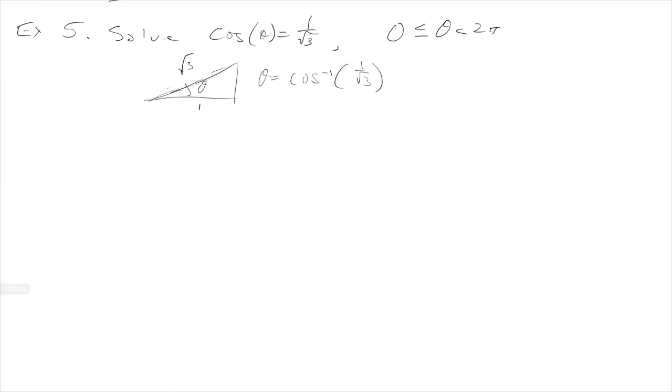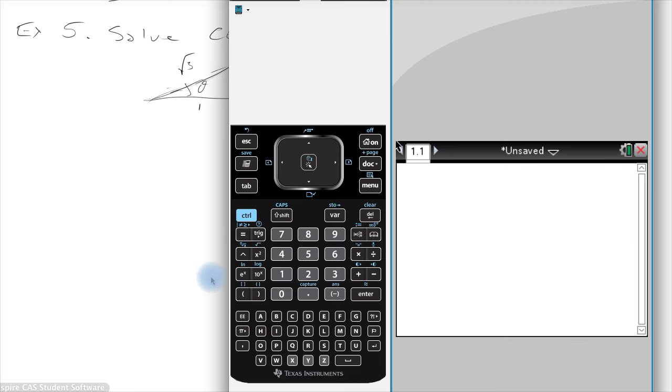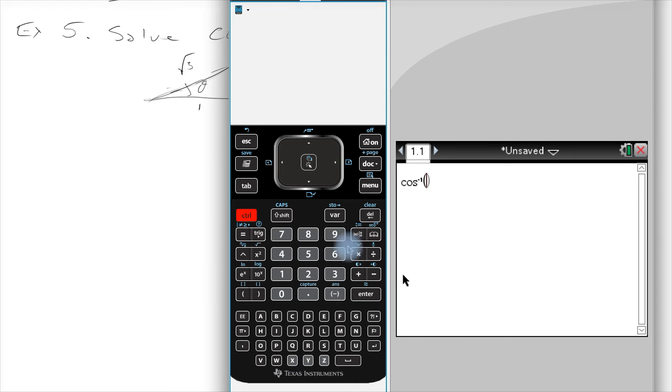So let's quickly grab out our calculator. We're doing trig, the inverse cosine of 1 on the square root of 3.